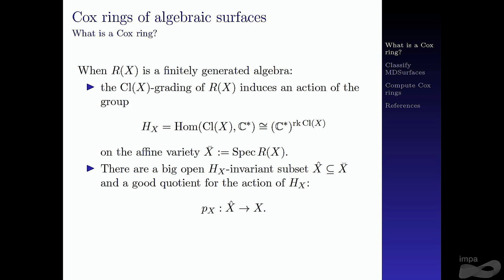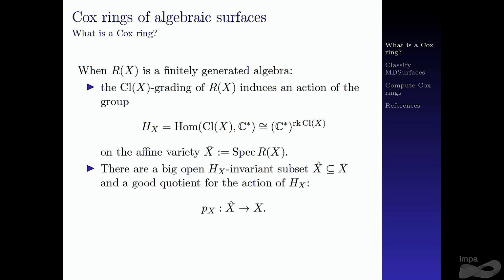So there is a construction, this is what is usually called the Cox construction, which allows you to recover the original variety starting from the Cox ring as a graded algebra plus the choice of this open subset. This open subset X hat, I think Antonio will go more deeply into this in his talk.